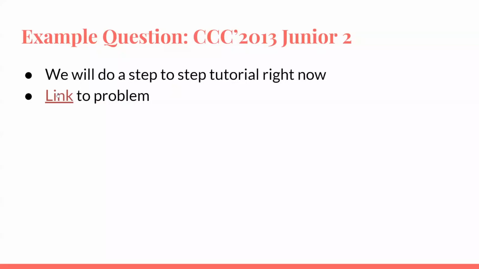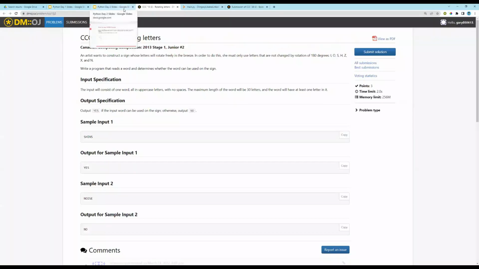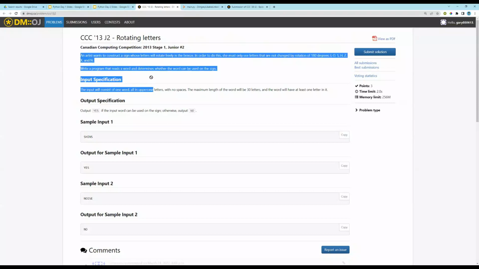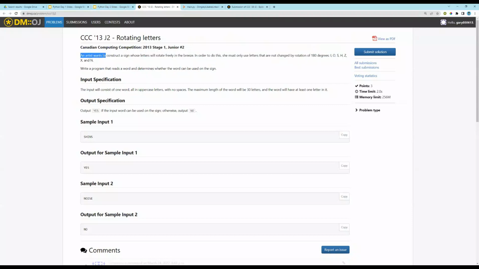I guess we'll do a final demonstration problem. Rotating letters. This is dealing with strings again. Our artist wants to construct a sign whose letters will rotate freely in a breeze. In order to do this, you must only use the letters that are not changed by a rotation of 180 degrees: I, O, S, H, Z, X and N. For simplicity's sake, if we flip it, it's still the same letter.